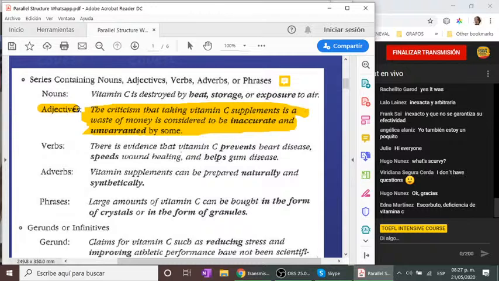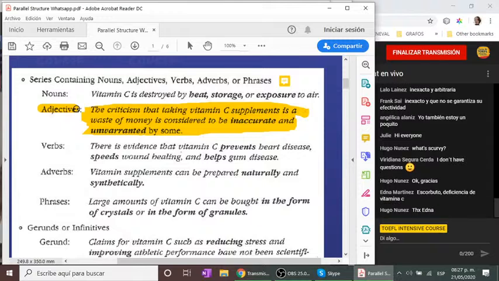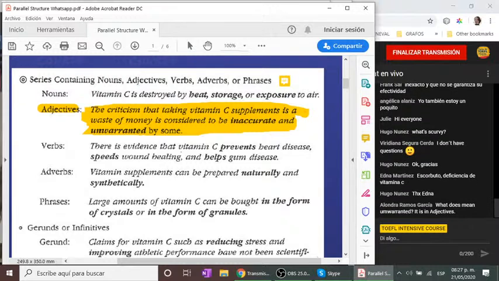So, teacher, and when you study English in school, do you see these particles? Adjectives, verbs, adverbs, phrases? We see everything, but we learn it in a different fashion.